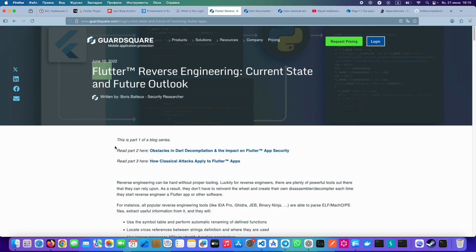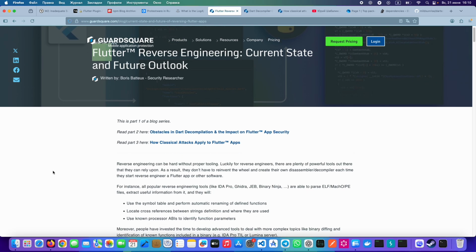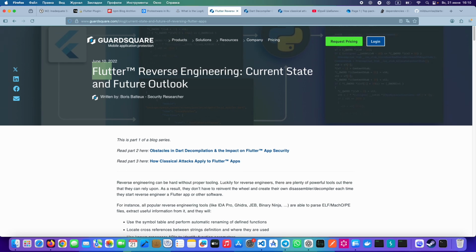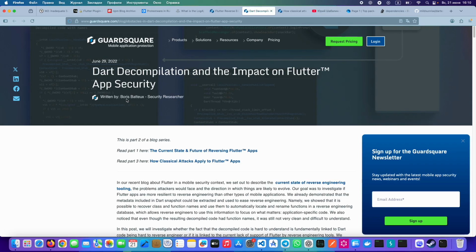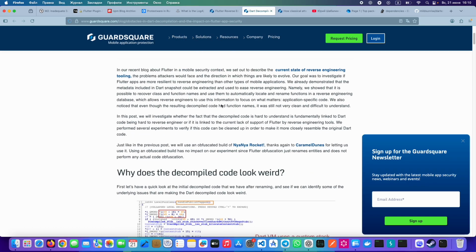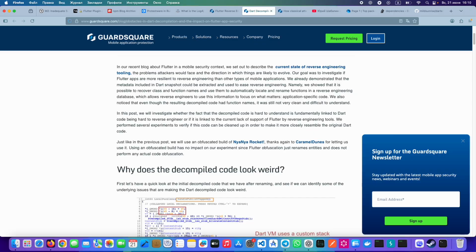Back in the days, it's not related to the current situation, that is why I just mentioned this one. And the third is also about the impact of Flutter Dart compilation on Flutter app security. It's also very interesting.